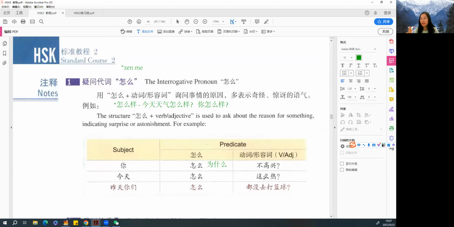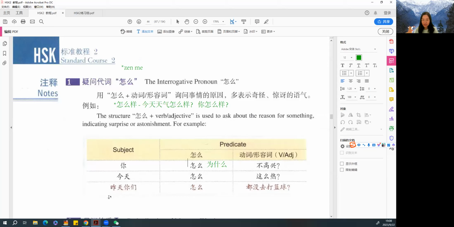这么 is another expression saying very much, in an extreme level, like 非常, 很, yeah, like this. So 今天怎么这么热.